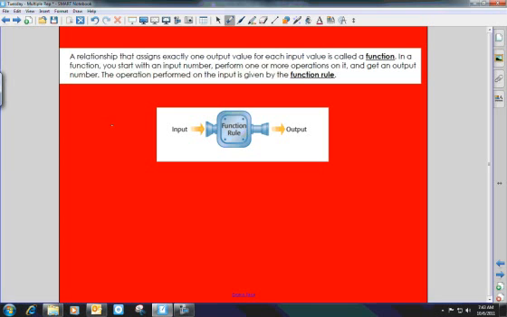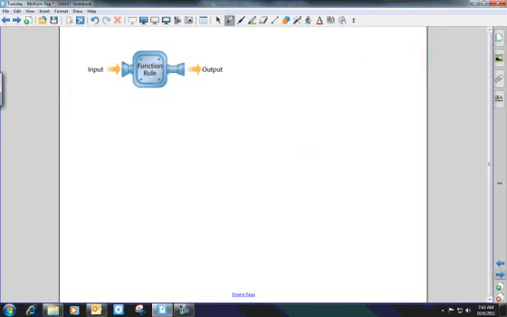So that's what you're going to be hearing as you move on in math. So in a function, we start with an input number. We perform the process or the function, and then we get an output number on the other end, or our answer. Okay. Let's say we had a function rule that was 2x plus 1. Okay?